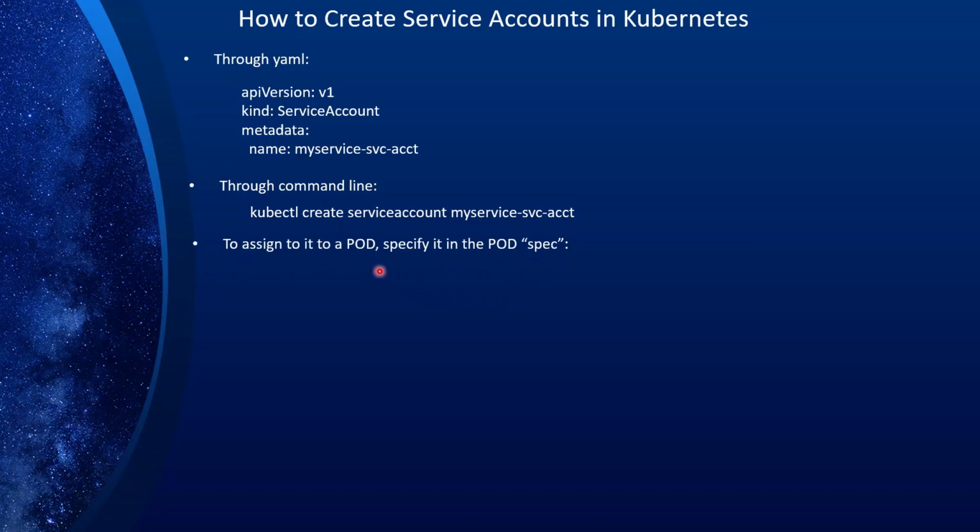To assign it to a pod, specify it in the pod spec. So when you create a YAML to create a pod, in the spec section of the pod, you can say service account name, assign it there, and then specify the containers and everything else.